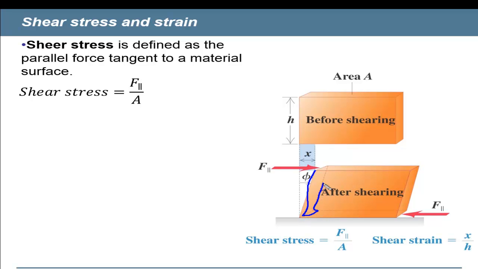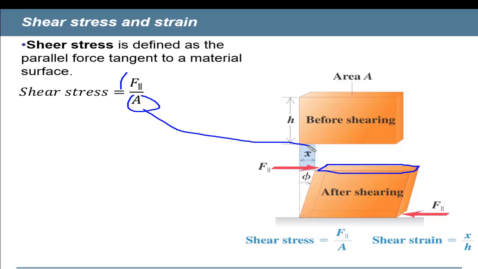This would have been the area for a perpendicular force. For a shear force, we're actually talking about this area, because this is the area it's acting on if it's parallel. So our shear stress is parallel force divided by this area right there.